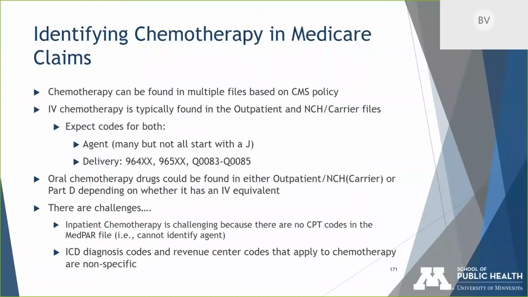You could include the inpatient file in your algorithm for whether or not someone received chemotherapy, but it would need to be a much broader measure, as in yes or no, because you would not know the specific agent for that individual if you were only using bills from the MedPAR file.